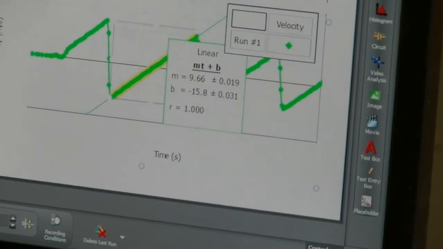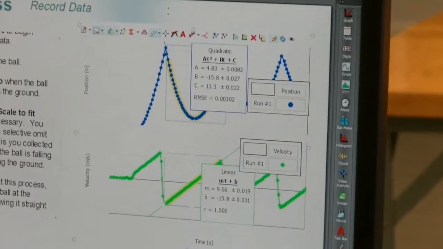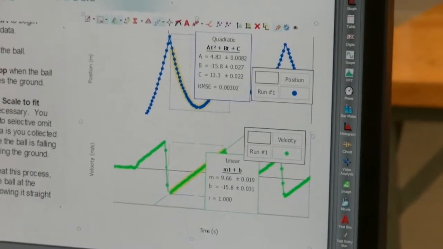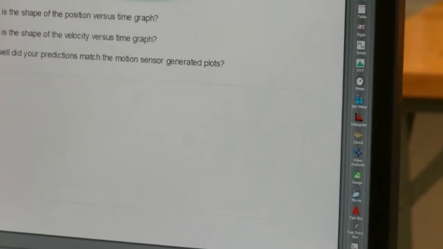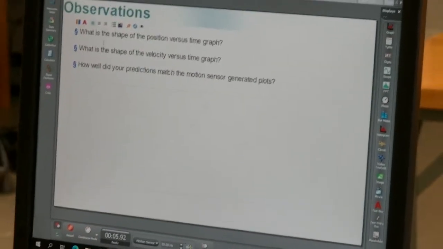So now we can move on to the next pages of the file and answer the remaining questions. Here, the next page, which is page 9, you have to answer these questions about the shapes of the graphs.